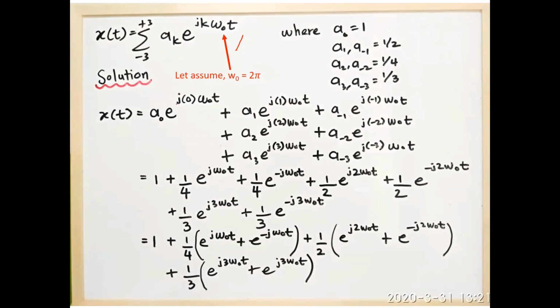You fill in the equation using the general equation, and you get the summation of a_k values. Next is just to solve the equation. For a_0 we have 1, and e^0 is 1, so 1 plus 1 over 4, the a_1 value.